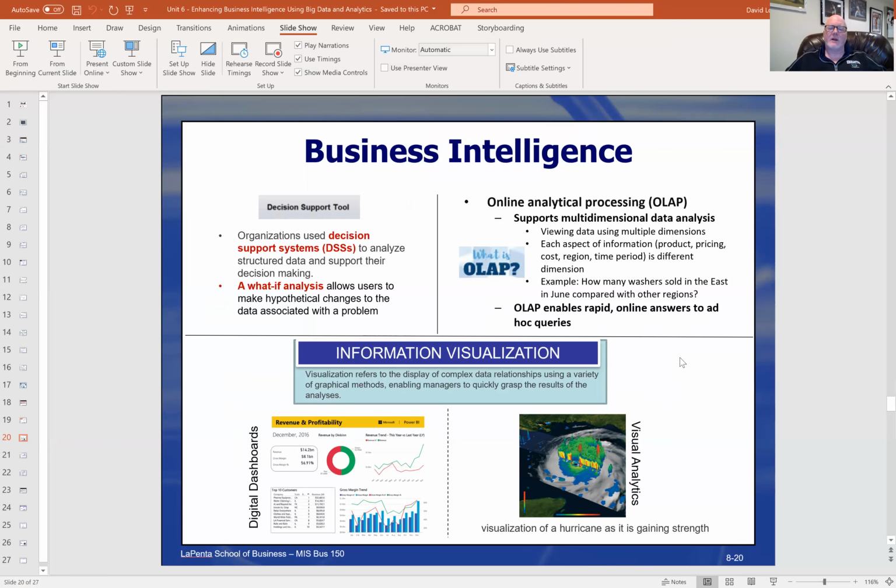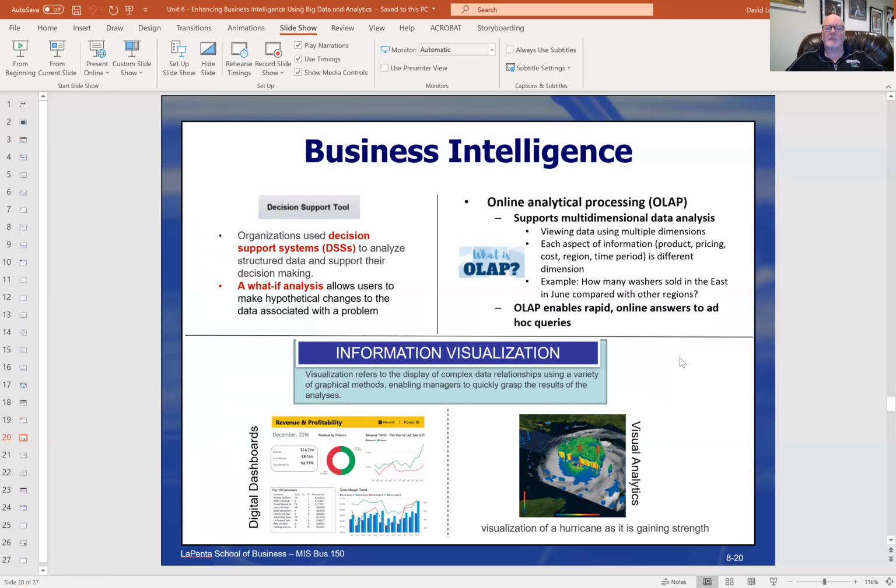And then there are these information visualization tools, which I think are really quite cool. If you take a look at the lower right, that is using visual analytics to provide a visual representation of how a hurricane, for instance, is gaining strength. So more and more of the data analytics is being presented in much more visual ways.